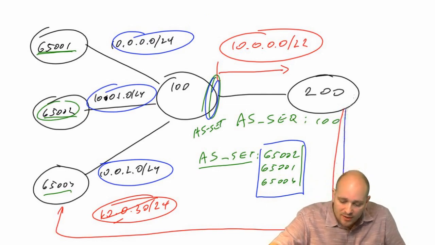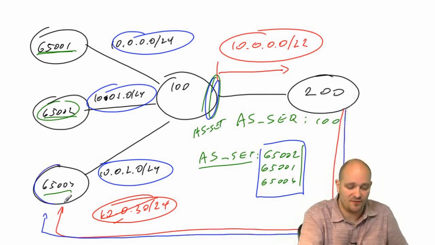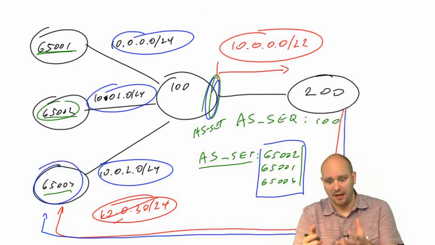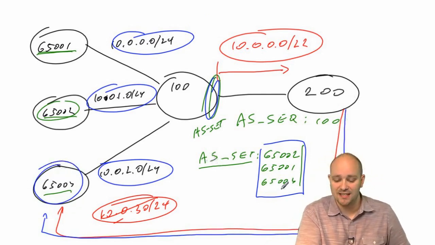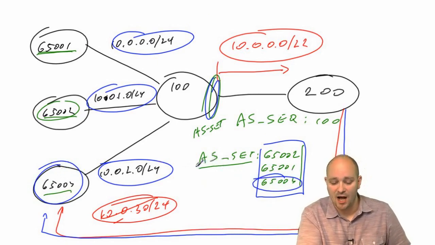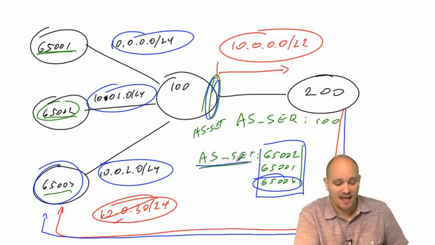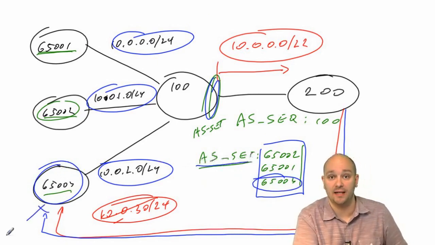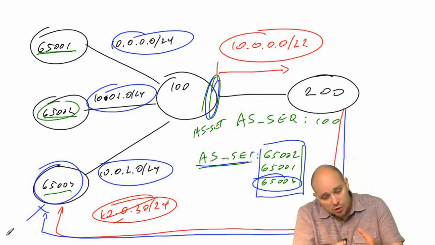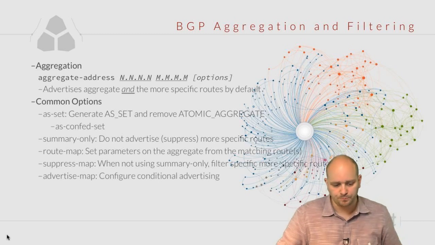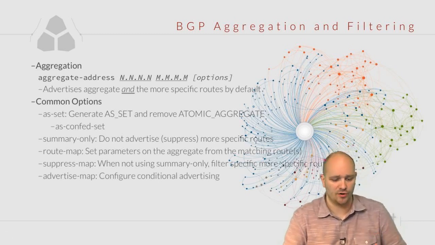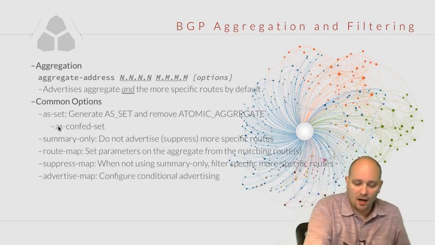Now, when this prefix gets advertised to 65,003 over this backdoor connection that we might see, 65,003 is going to see its own AS in the unordered AS set list, and it's simply going to reject this update because it has looped. This is a relatively common thing used when configuring summarization or aggregation in BGP.